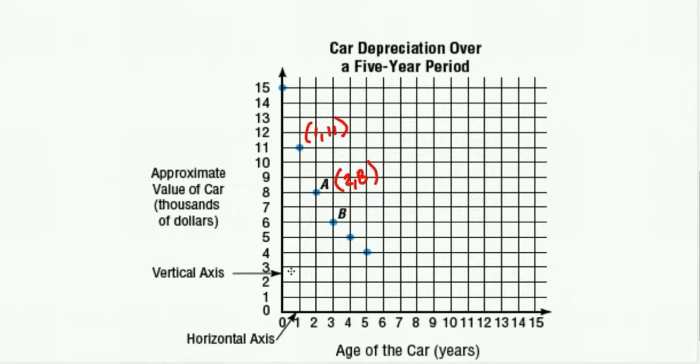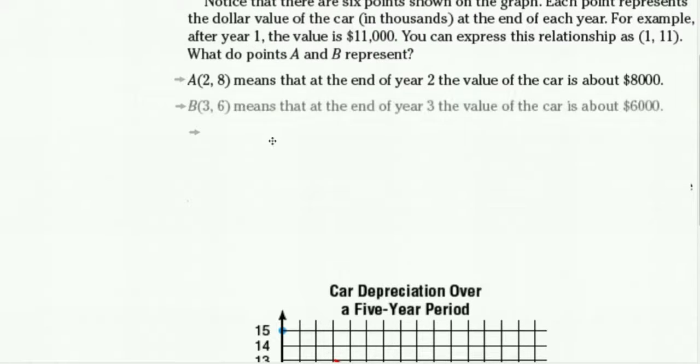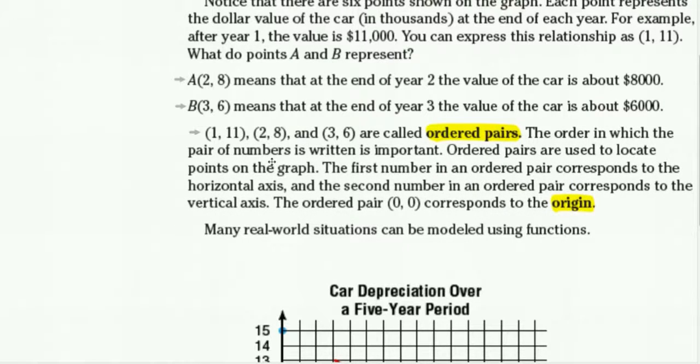If you look at point B, the ordered pair is (3, 6). Just like point A, the meaning of (3, 6) is that at the end of year 3, the value of the car is $6,000. We call (1, 11), (2, 8), and (3, 6) ordered pairs.